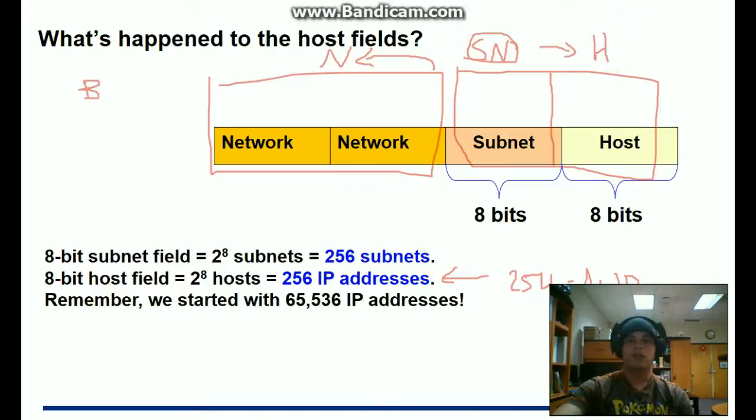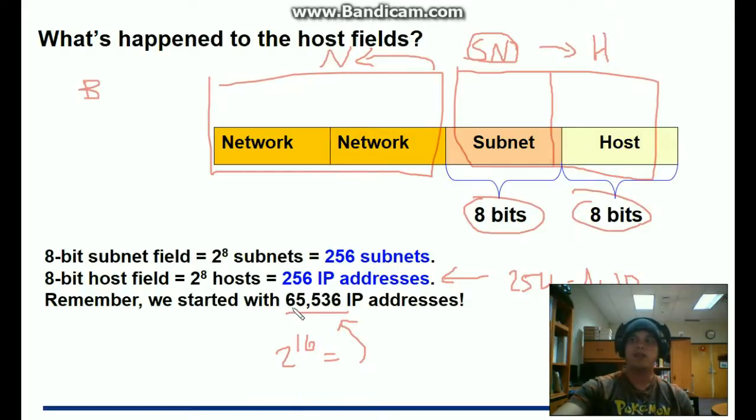All right, so if we didn't subnet, we would have had 65,536 IP addresses. Why? Because we would have 2 to the 16th power, because we had 8 and 8 bits used as the host, and that turns into that number right there.